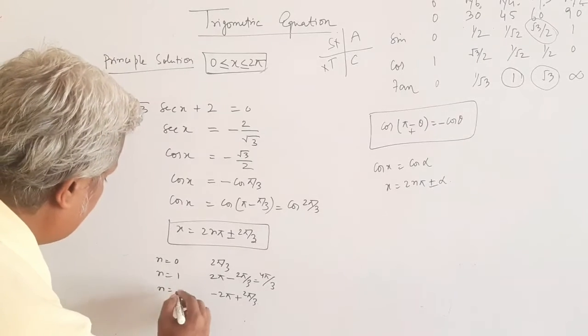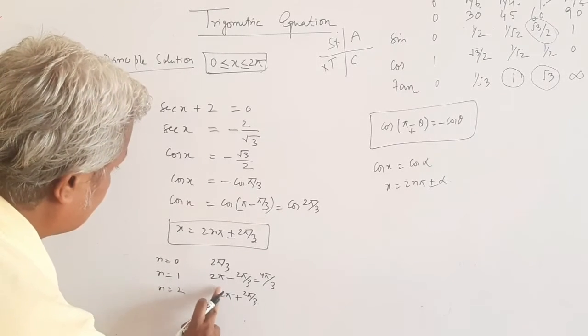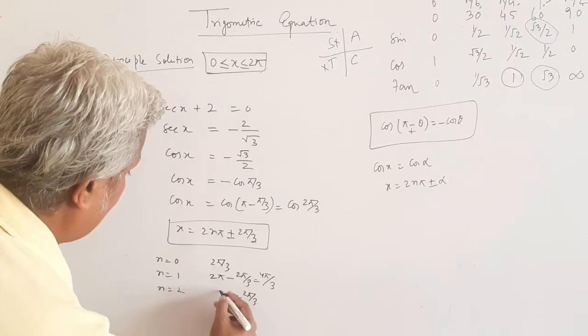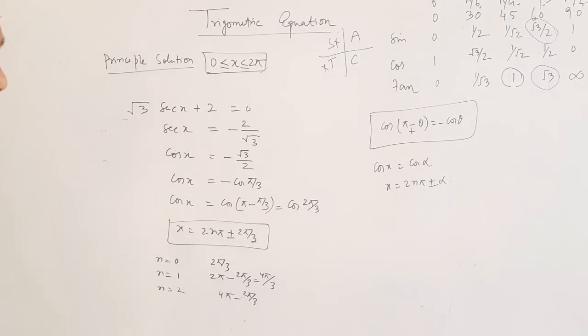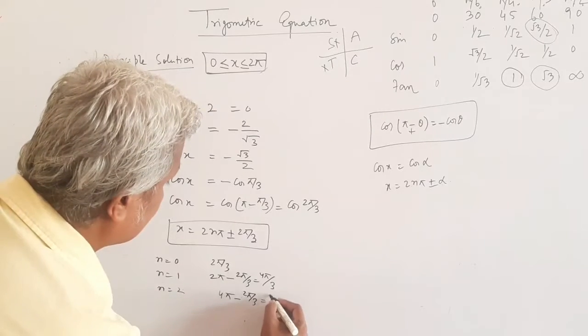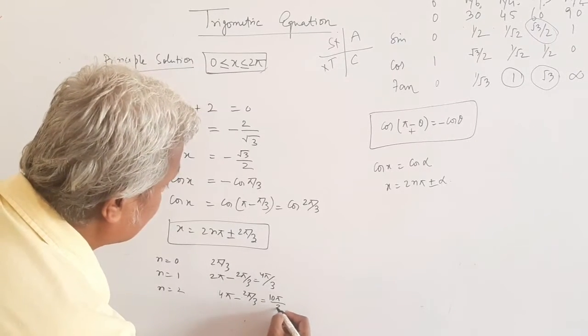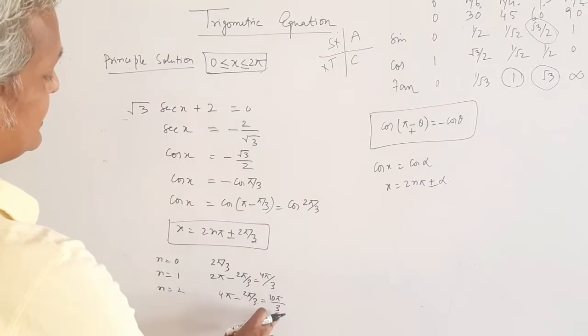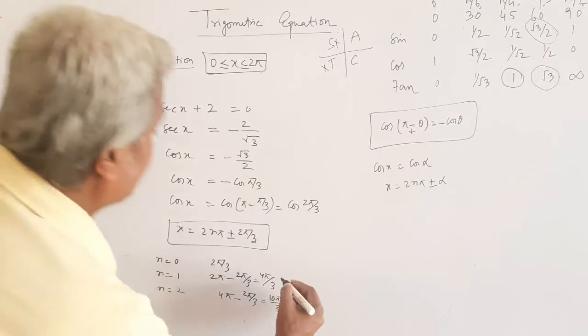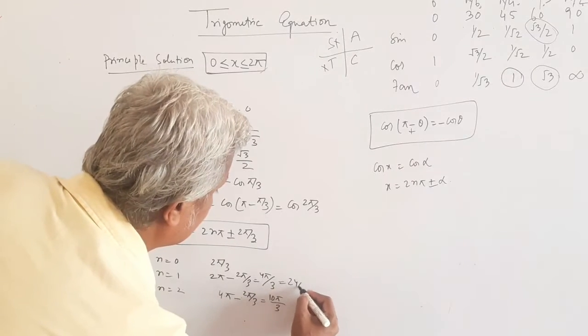If you write n equal to 2, this becomes 4 pi, and here I take the negative, so 3 4s are 12, 12 minus 2 is 10 pi by 3. So pi by 3 is 60, therefore 10 pi by 3 is 600, and this is 240, so this is in the range.